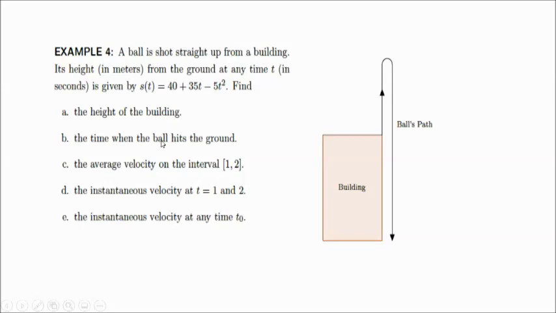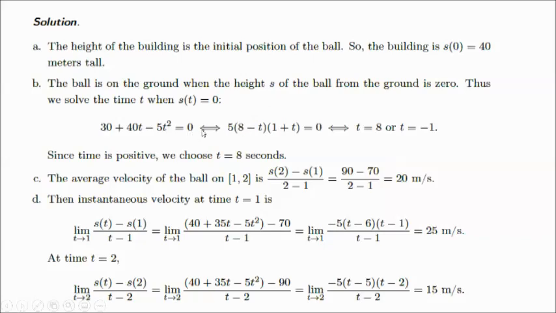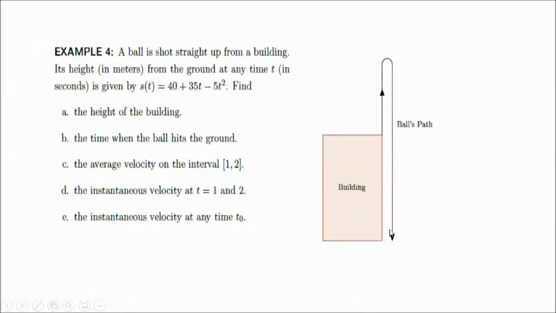Dito, yung S is 0, kasi hinanap natin yung time. So, 0. And then, finactor. Makukuha nyo is yung dalawang values, which is 8 tsaka -1. Wherein, disregard yung negative, 8 seconds. So, after 8 seconds, nasa ground na siya, class. So, syempre, mabilis yun, 8 seconds, di ba? Pull of gravity.